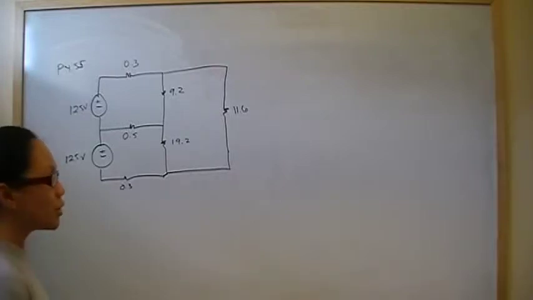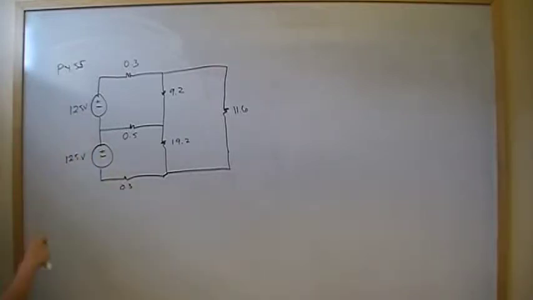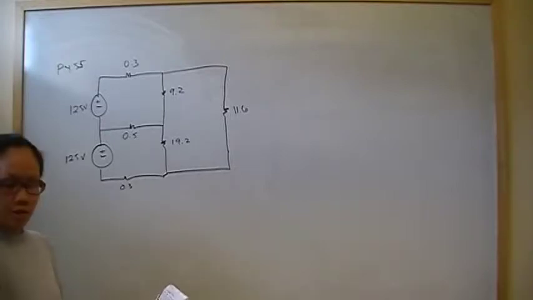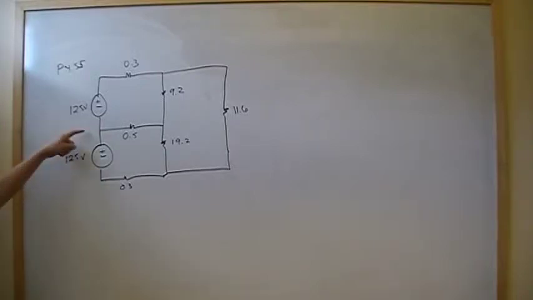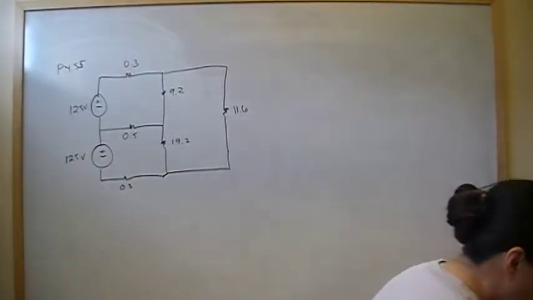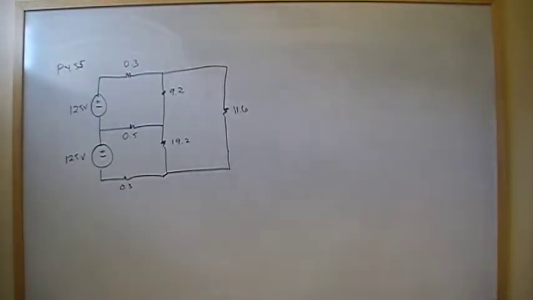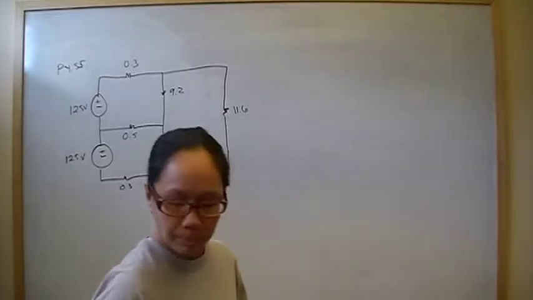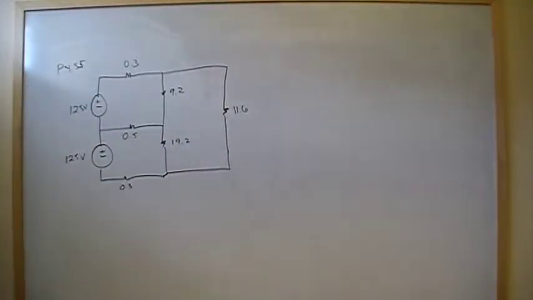I wanted to show you how we would handle this tricky node right here, so that you have an additional skill for when you have a tricky node. So, having said that, let's go ahead and find V1, V2, and V3 using the node voltage method.